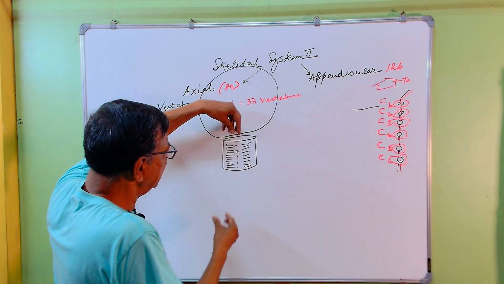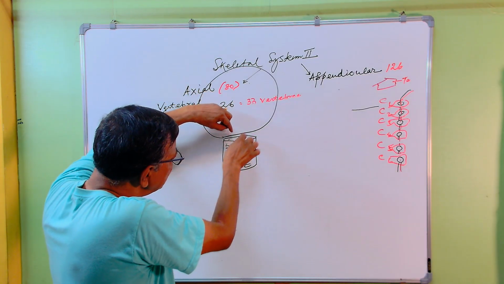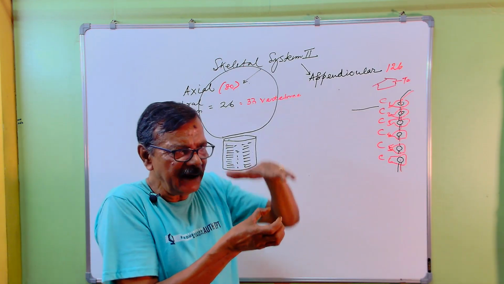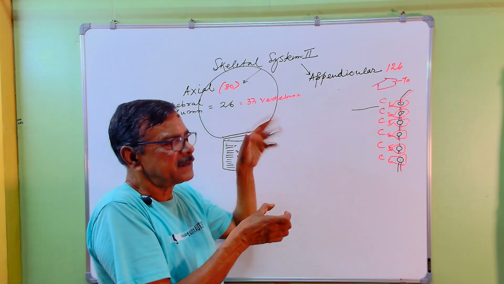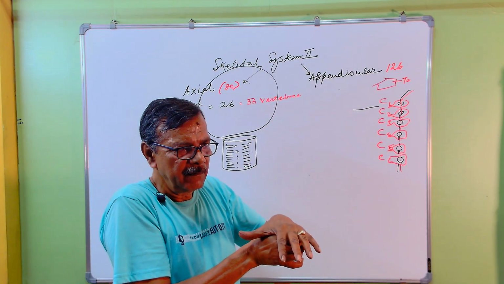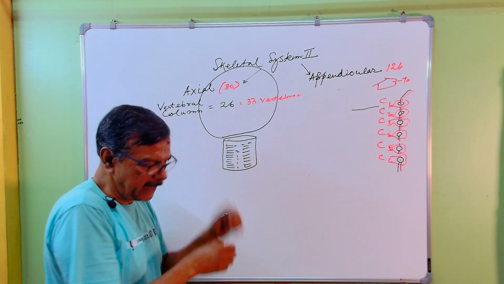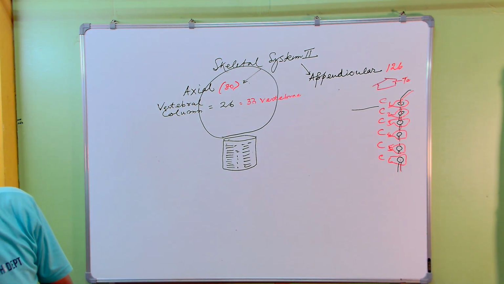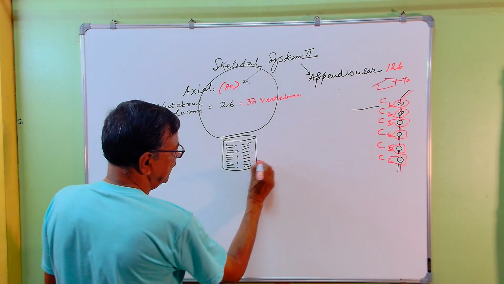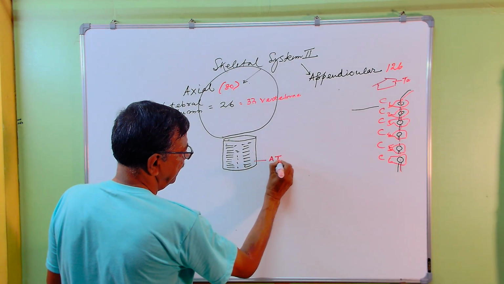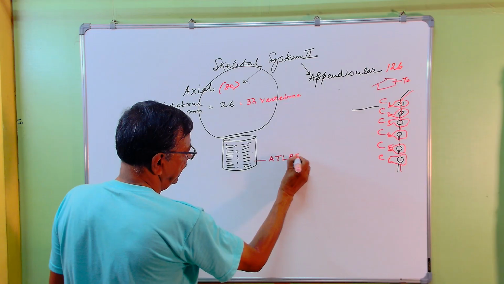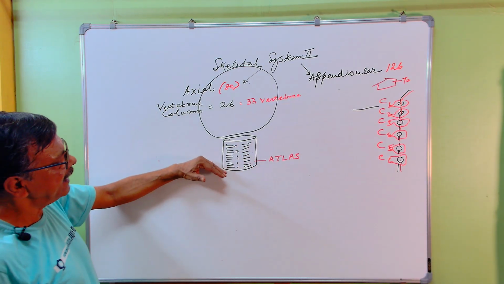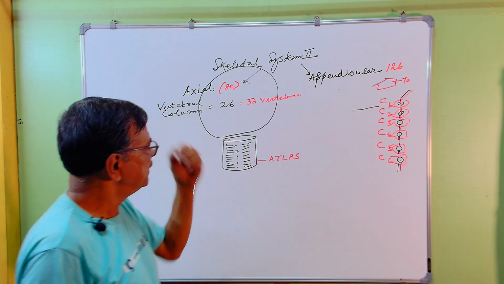Foramen magnum fits just over the neural cavity, and the skull rests on this C1 vertebra. This C1 vertebra is known as the atlas. Clear?